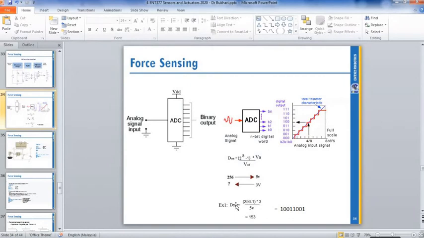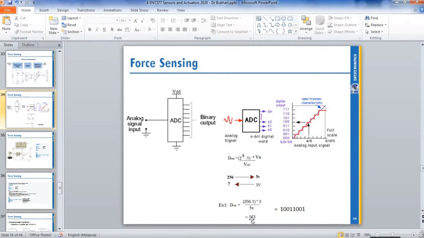This is an example. 2 power 8 is 256, minus 1, multiplied by 3 volt, for example. Your signal input is 3 volt, divided by 5 volt, your VDD. So you get 153. 153 digital out.